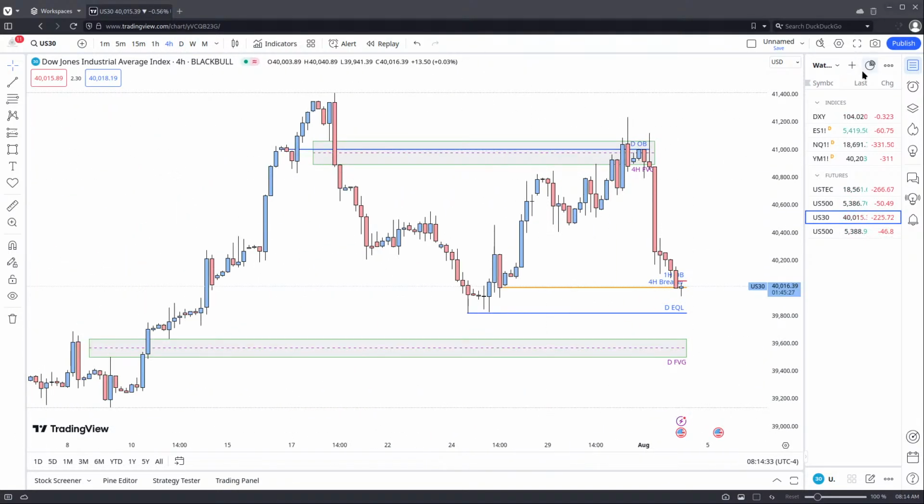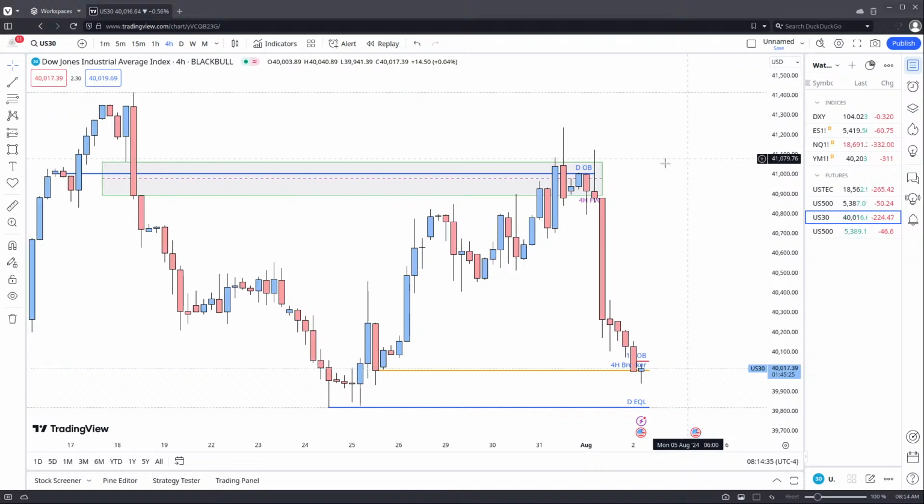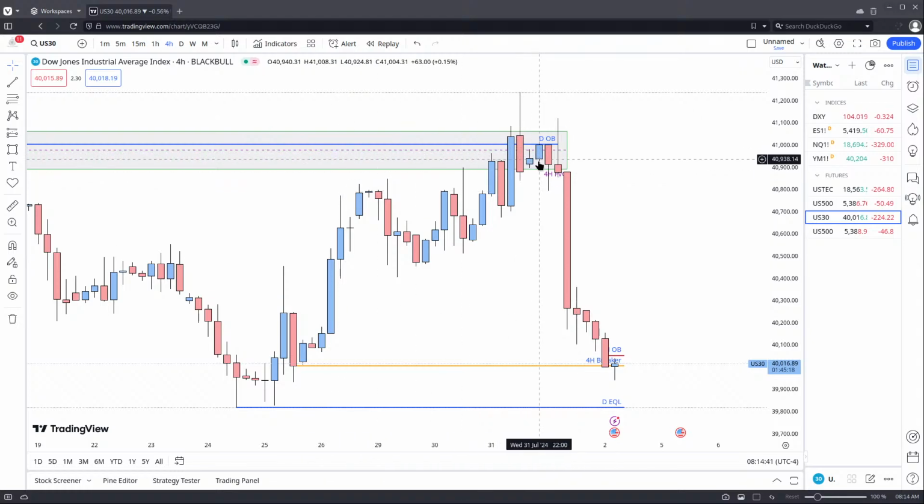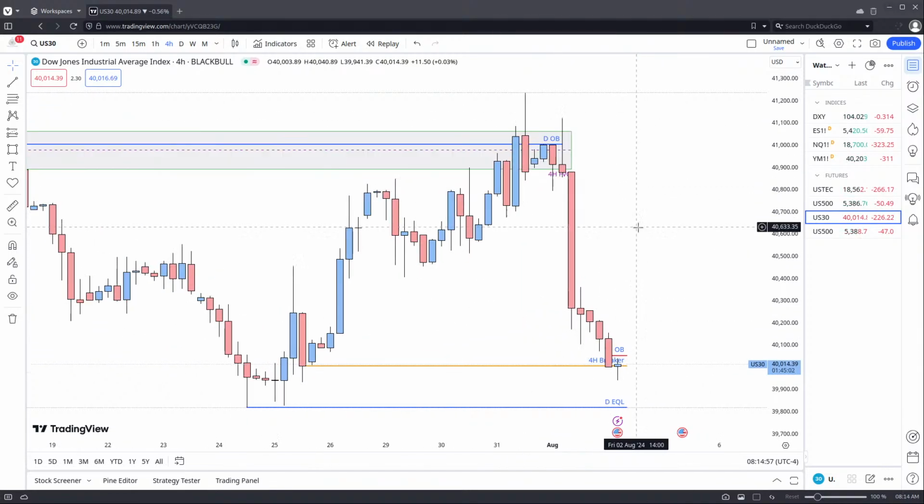On a 4-hour chart, we have this 4-hour fair value gap. Extend that through. Price traded up into this, and it hung around this level. And you can see how we hugged that daily order block open price really clean over here before we took out those equal highs one last time and then tanked down.